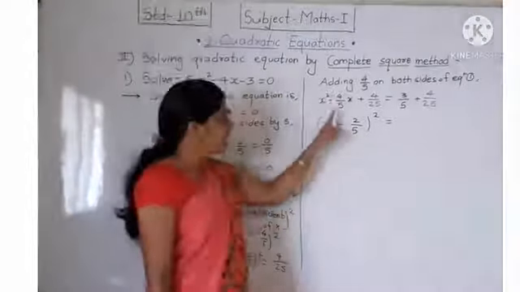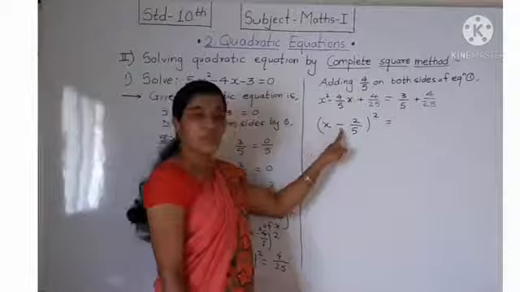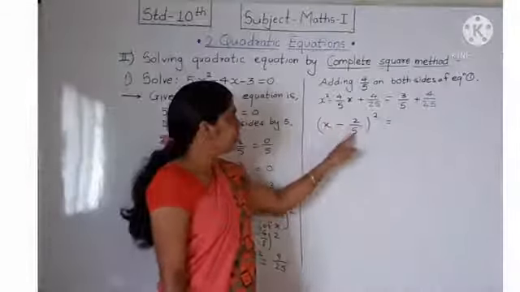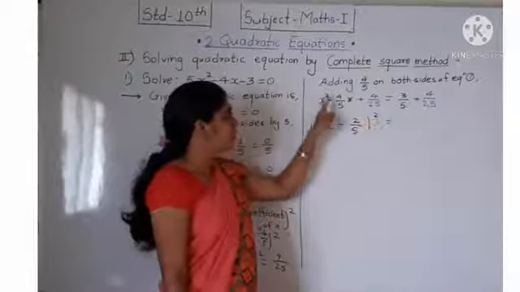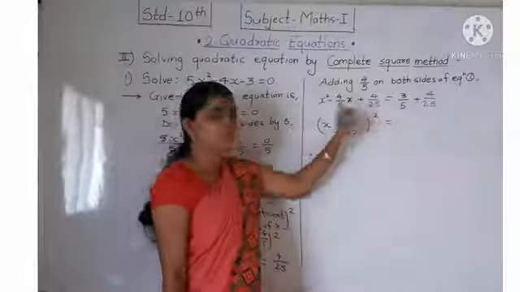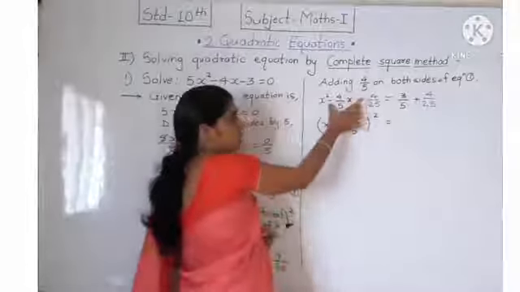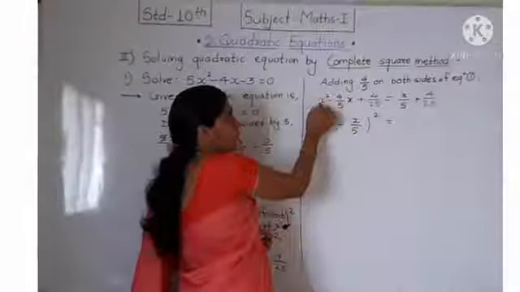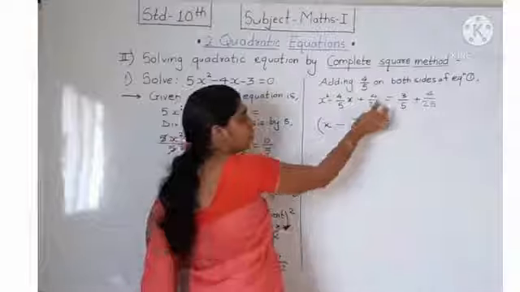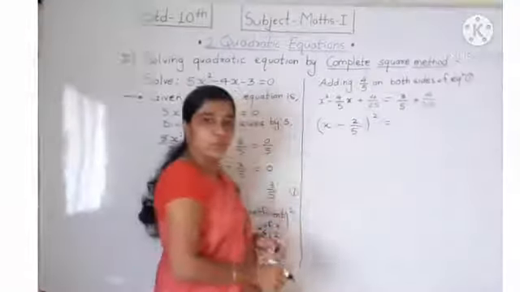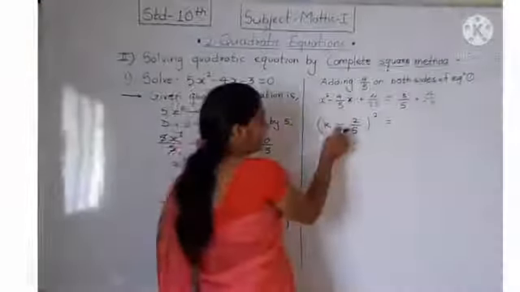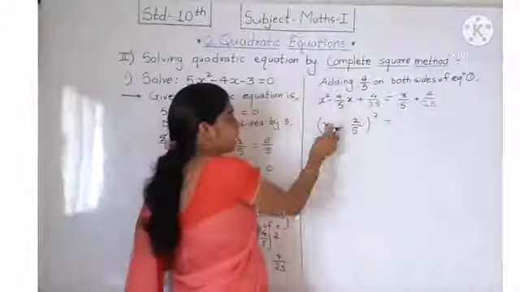If there is a plus sign, give plus sign, or if minus sign, give minus sign. The expansion of (a minus b) bracket square is a square minus 2ab plus b square. So take the square root of x square, which is x, the square root of 4/25, which is 2/5, and take the middle sign plus or minus. It becomes the square of this.